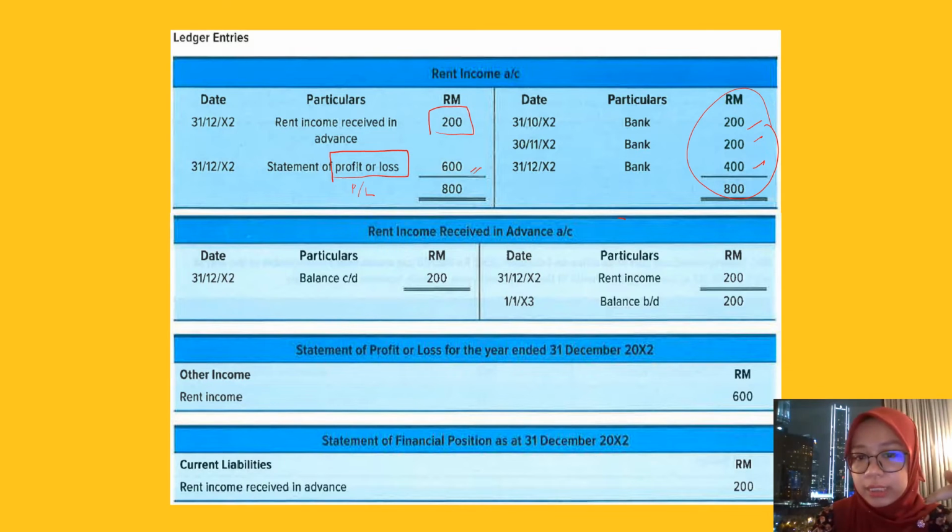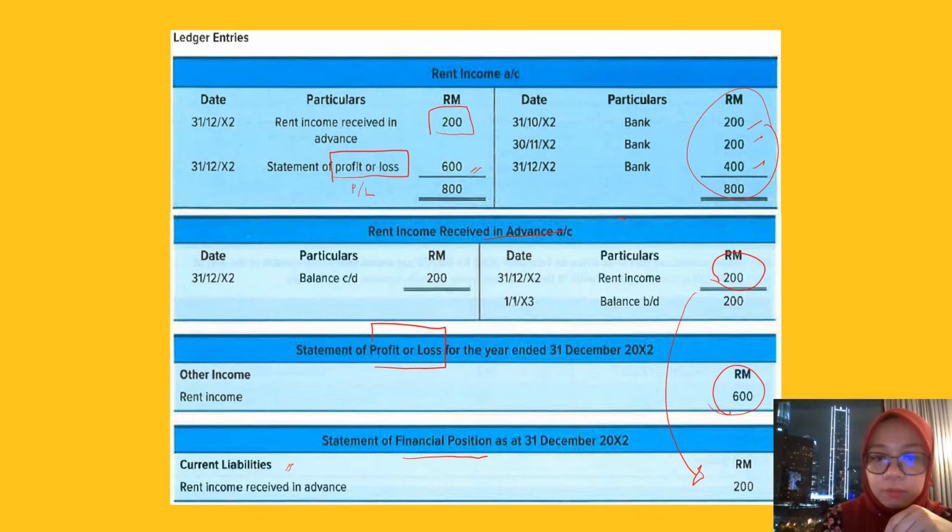And then we recognize the income received in advance, 200 ringgit, to be transferred as part of our current liability in the statement of financial position, and only this 600 ringgit to be recorded under profit or loss, other income.